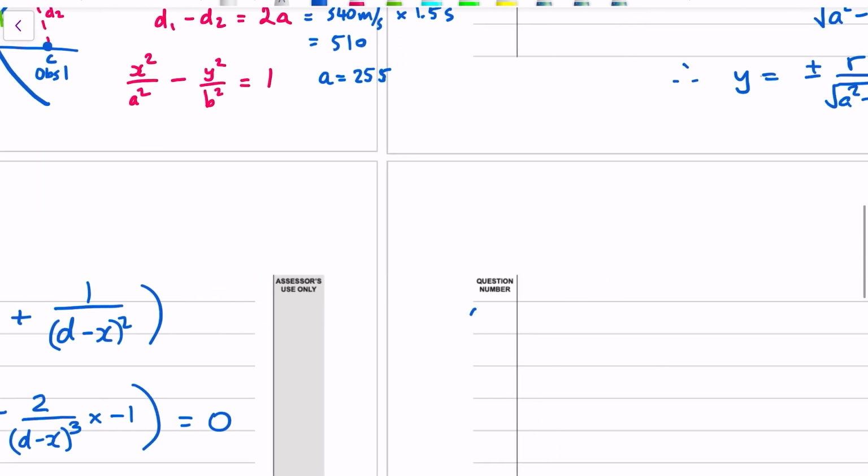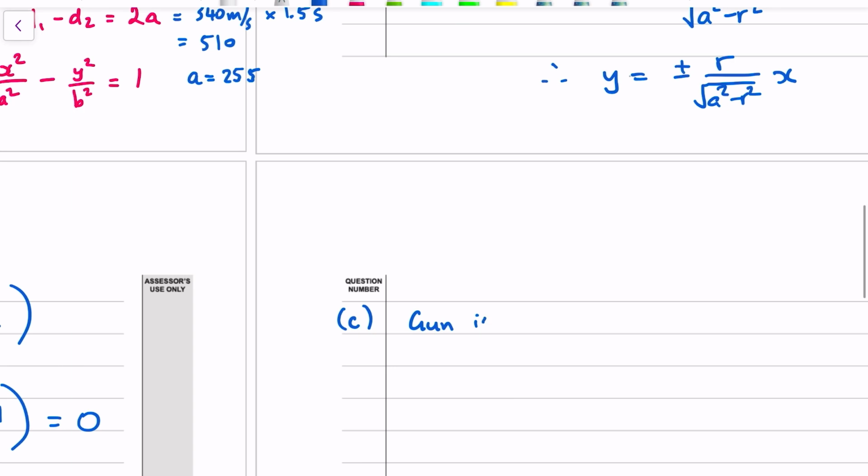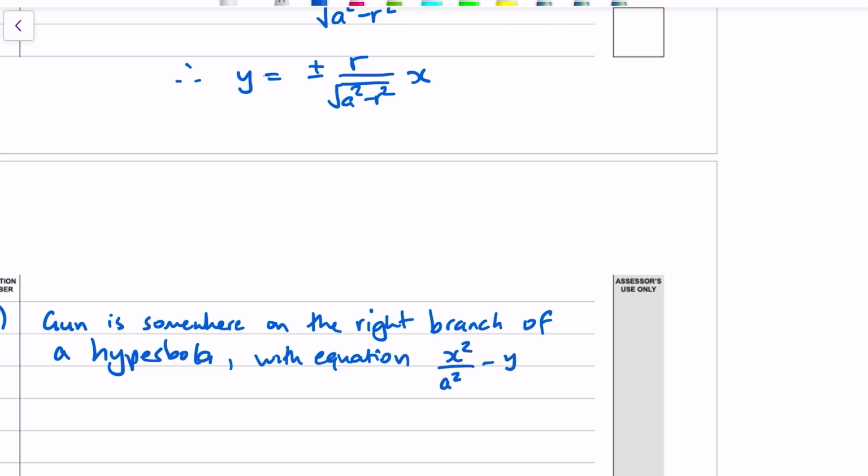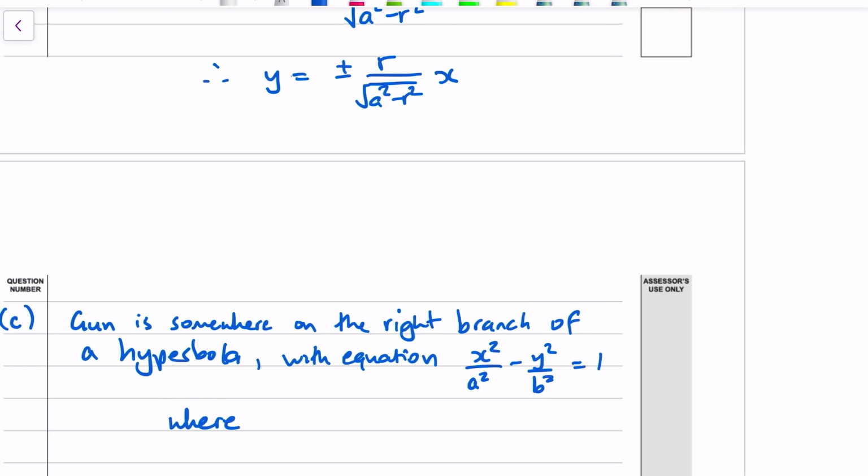Okay, part C, the gun is somewhere on the right branch of a hyperbola of the equation x squared over a squared minus y squared over b squared equals 1, where a is equal to 255. 2a equals d1 minus d2, the working that I did earlier.